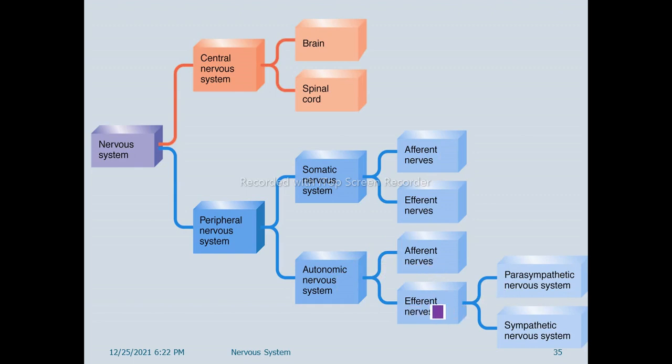Efferent nerves of the autonomic nervous system divide into the parasympathetic and sympathetic nervous systems. Parasympathetic is stimulated for relaxation or normal activity. In the case of the sympathetic nervous system, it is produced in response to fight or flight.